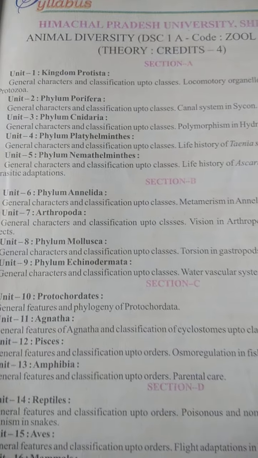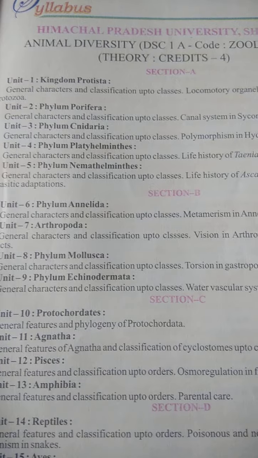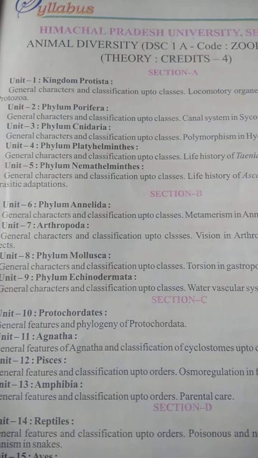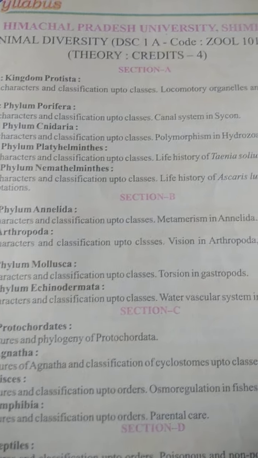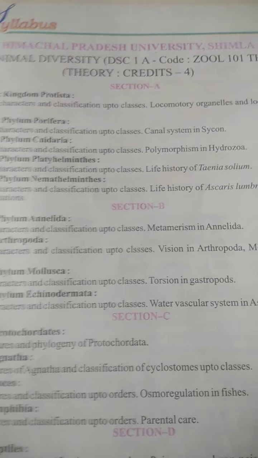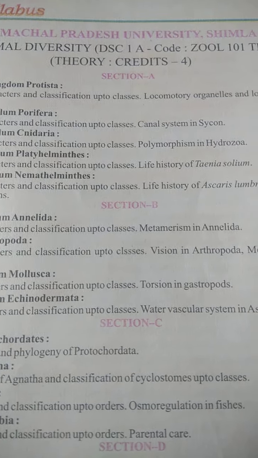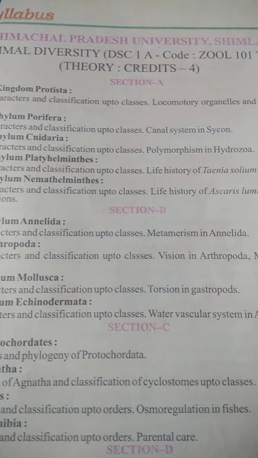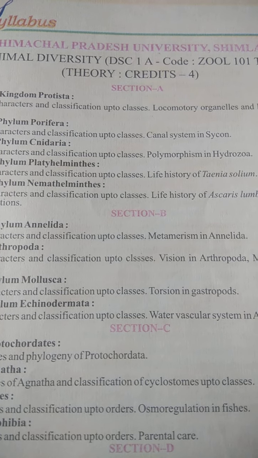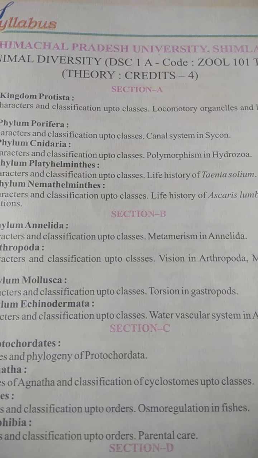For example, in phylum Porifera, we are going to have general characters and classification only up to classes. In each topic we have the general topic, the classification and general characters.